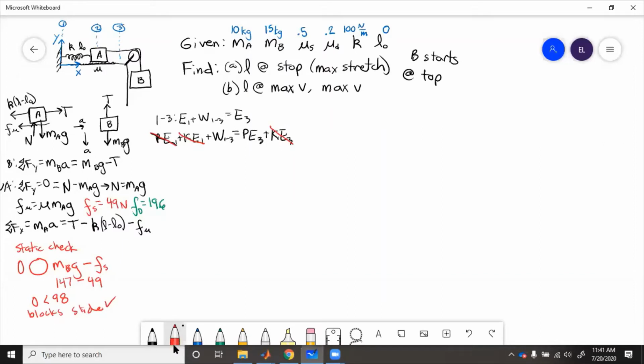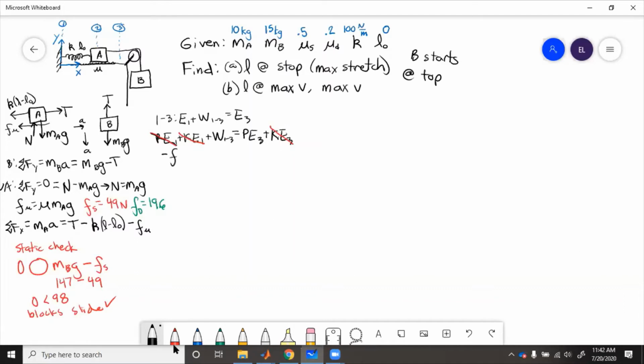Well, good. So now we know that we can go back here to the energy equation and actually figure some stuff out. So putting numbers into here, we'll do the formulas first. So the work from 1 to 3 is the work by friction, but it will be the work by the dynamic friction.